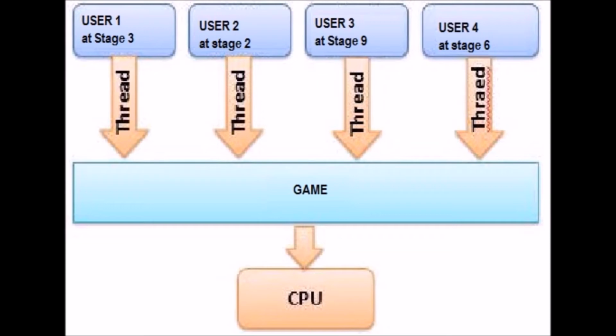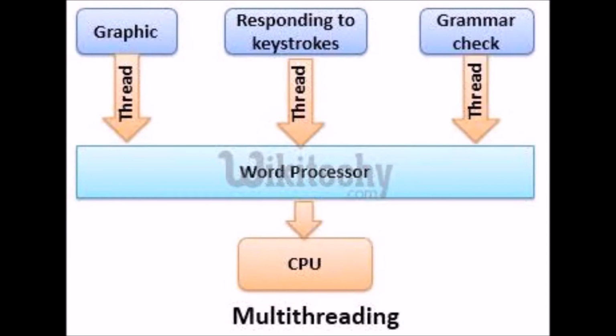Let us take another simple example in order to understand it better. Suppose you are typing something in MS Word. Here, many small processes are performed simultaneously, like typing, checking spelling, checking grammar mistakes, changing text color, shifting of cursor, etc. These are small actions which are embedded in the software.